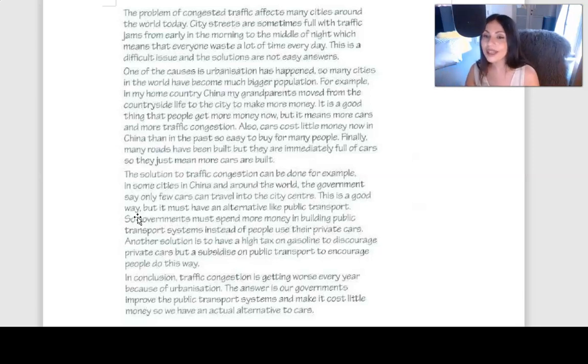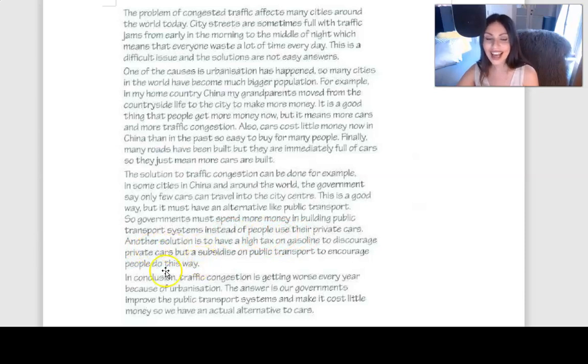Therefore, or I believe, or it is suggested, or it is recommended that governments spend more money in building public transport systems instead of people using. The candidate needed to use the gerund here, using their private cars. So instead of, using, or of people plus ing.